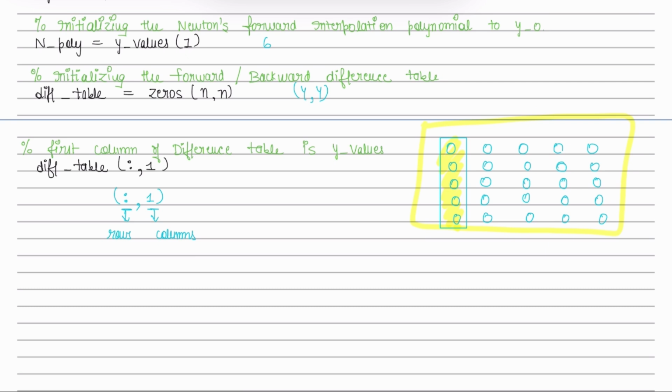So all the rows of the first column will be updated as y_values, and in the code this column will be updated as 6, 24, 60 and 120. I constructed this table as 5 cross 5, but in actual the dimension is 4 cross 4. So this will be the actual size of the difference table.